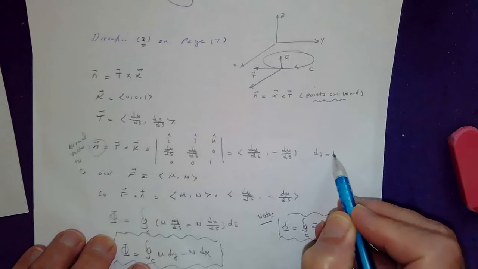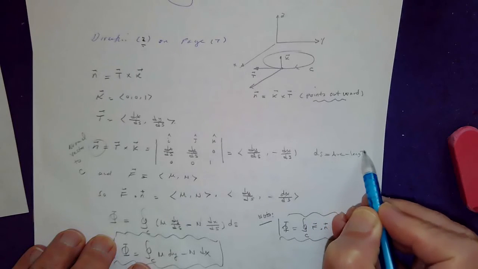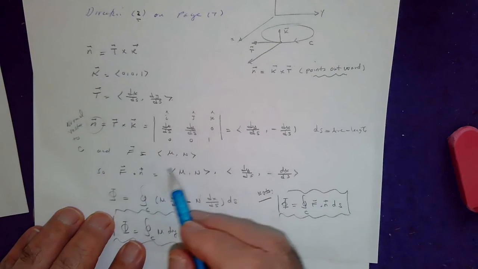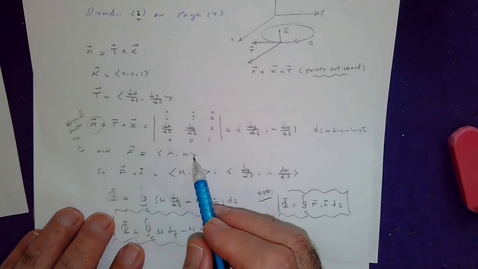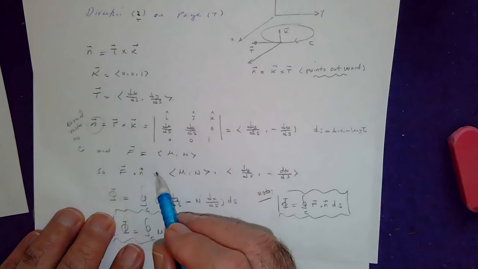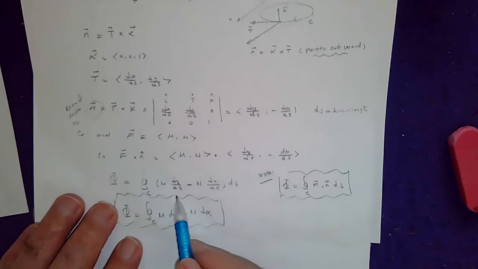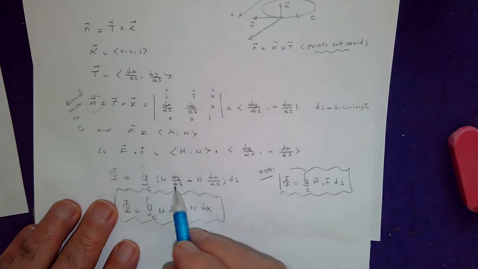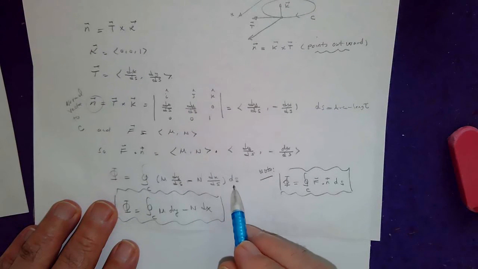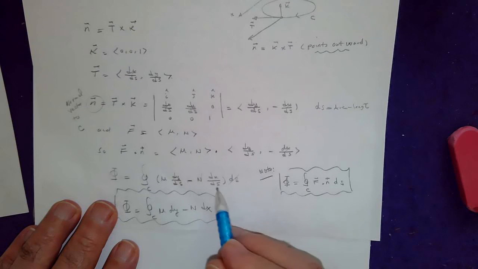Remember, ds was arc length, correct? Okay, so F is M and N. So I take the dot product of F and n, and this is what I get. Remember, I have to multiply this by ds. The ds is canceled.